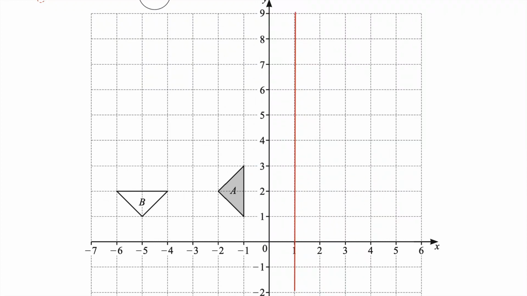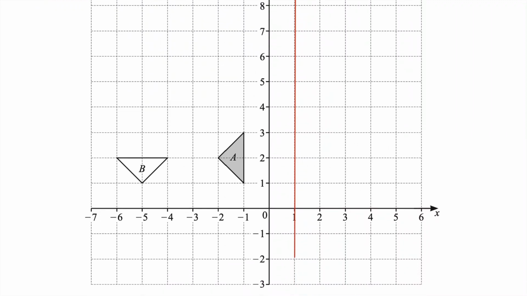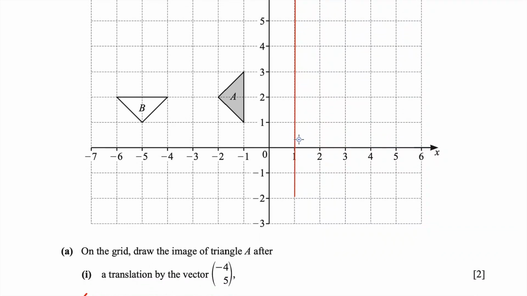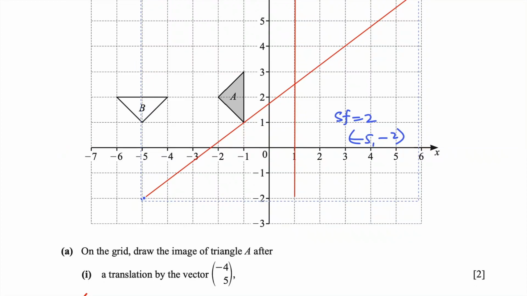Okay, so now let us start. So what are we trying to do? We are trying to calculate the scale factor is equal to 2 and the center is minus 5, minus 2. Okay, so first note the center minus 5, minus 2, and what you need to do is you will draw lines connecting this point, this center, to each and every vertex.